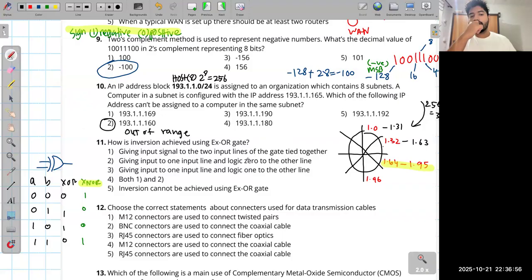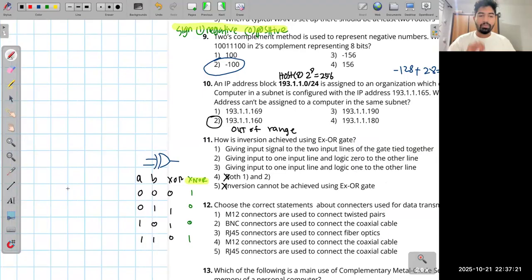Give input 1 to the other line. Inversion cannot be achieved? No, you can achieve it. Give the input signal to the two input lines of the gate tied together. Give one input line and 0 to the other line.